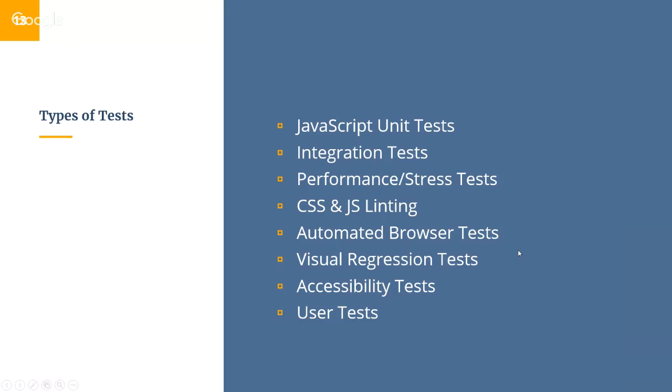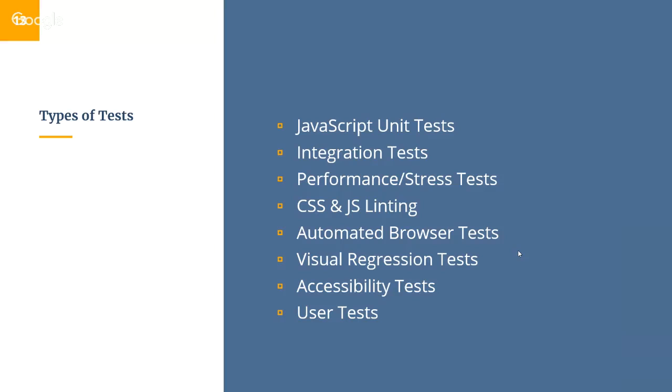Here, we'll just mention all of them briefly, and after that, we'll get into more detail for the more important ones. First off, we have JavaScript unit tests. These are the tests that you will be doing in your project, and we'll look at them in a bit. Next up, you have integration tests, which we'll also take a look at in a bit.